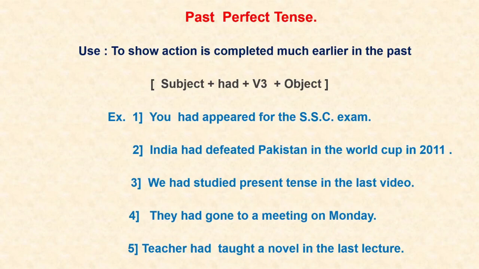Subject, had, V3. You had appeared, India had defeated, we had studied, they had gone, teacher had taught. So you need to learn the formula by heart, or if you keep reading the formulas, you will learn automatically.